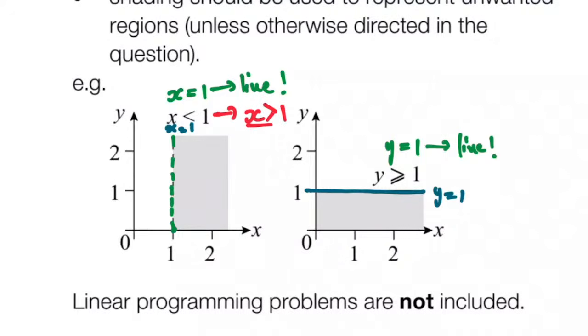So what we are shading is x greater than 1. That's the unwanted region, because the one which they have is the wanted region. But you never shade the wanted region. You shade the unwanted region. So we are going to shade x greater than 1. And x greater than 1, when you're shading, is to the right of 1. That is where you shade.